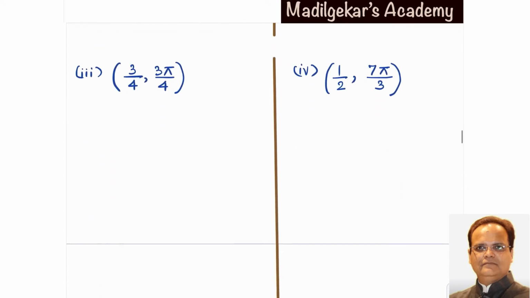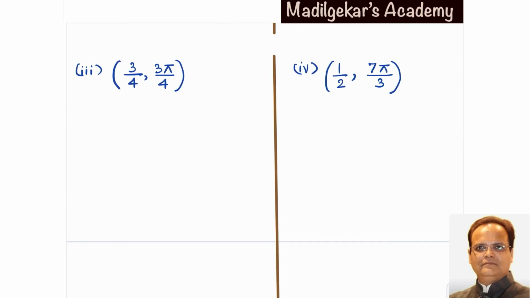Next, third bit. Here, r is 3 by 4 and theta is 3 pi by 4. So what is x? It is r cos theta, means it will be 3 by 4 into cos of 3 pi by 4.